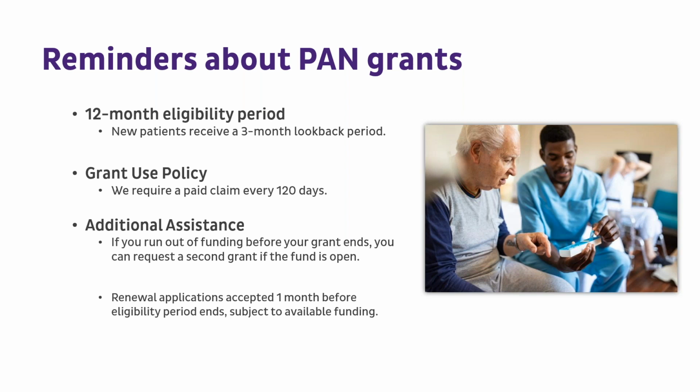And then we allocate that dollar amount to that fund. If a patient needs additional assistance because their out-of-pocket costs are higher than average, we offer additional assistance called second grants. And these second grants are intended to cover the remainder if used within that enrollment period, and if the fund is open.